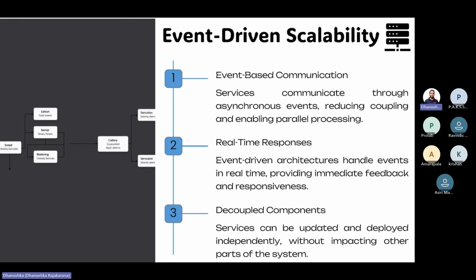The use cases for event-driven scalability are real-time applications like chat applications, stock trading platforms, or live streaming services. For chat applications, we can talk about WhatsApp and Messenger. For stock trading, Binance, Bitcoin, and the stock market.